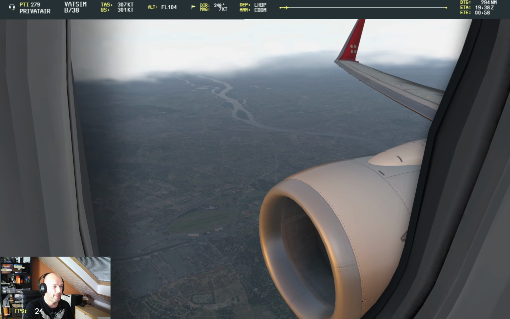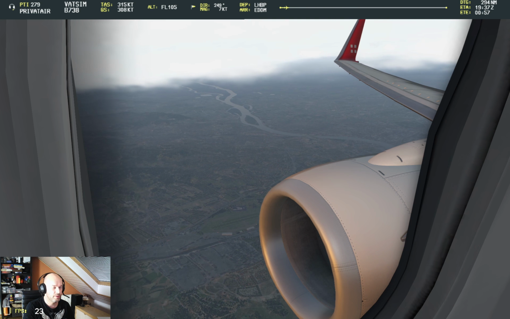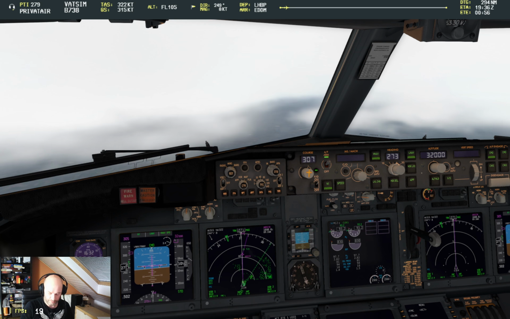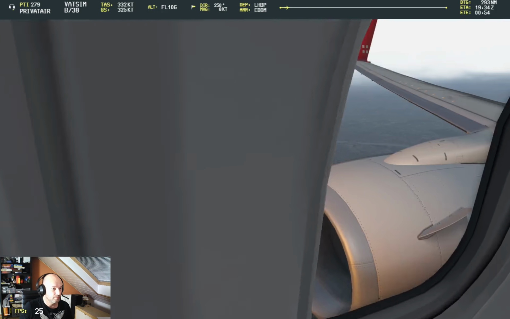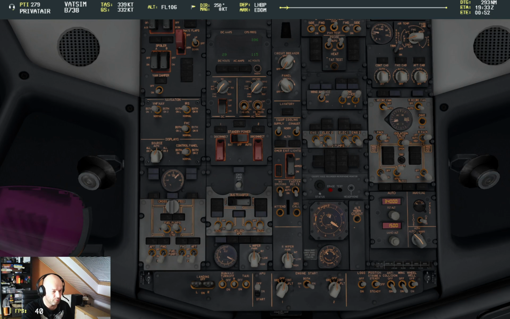Nice colors, I love it. So, the aircraft is lowering the nose, so I guess we are just passing level 100. So we can do the level 100 to-do list, so that is landing lights off. Oops, I didn't want this. And what else? Via ignition we can switch off.